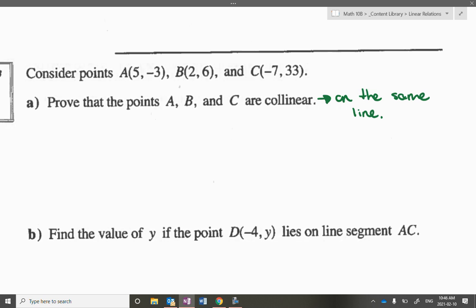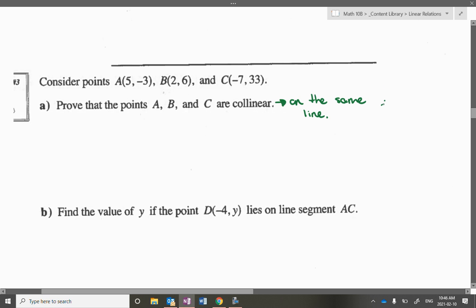If they're on the same line, they have the same slope. So we're going to do our slope twice. Let's do the slope first.